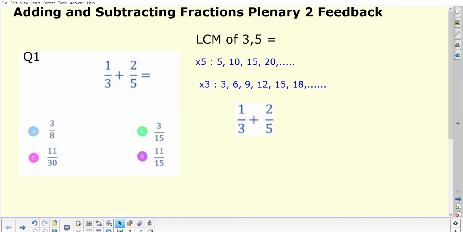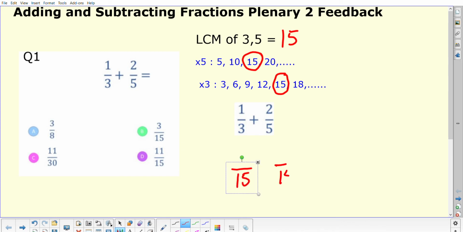So the lowest common multiple of 3 and 5 means that I'm going to look at my 5 times table and my 3 times table, and I keep writing them down until I find the first number that is in both times tables, and hopefully you can see that that would be 15. That's the first number that belongs to both those times tables. So what that tells you is you're going to make your bottom numbers in both fractions to be 15.